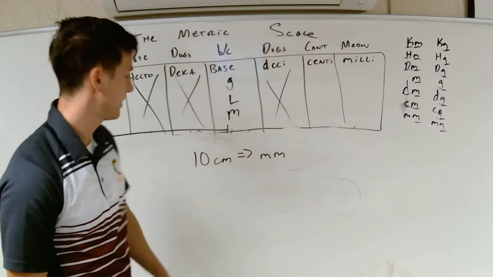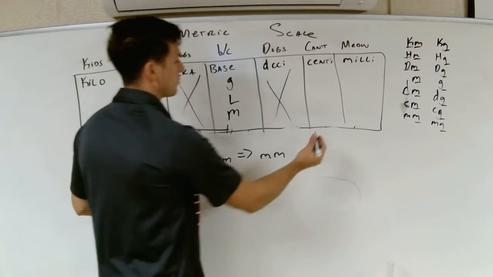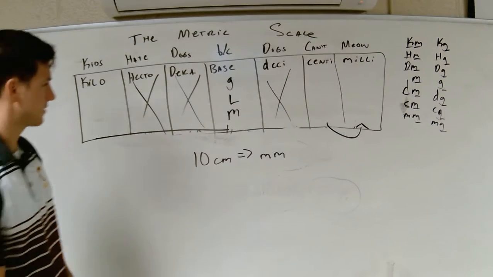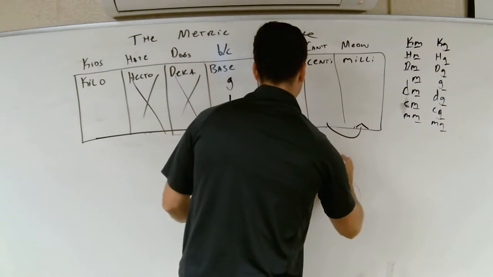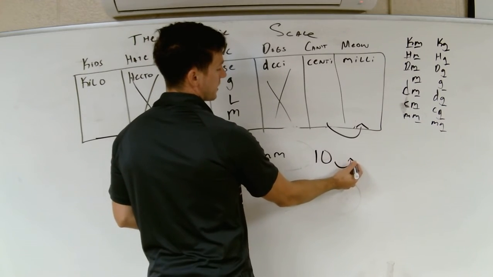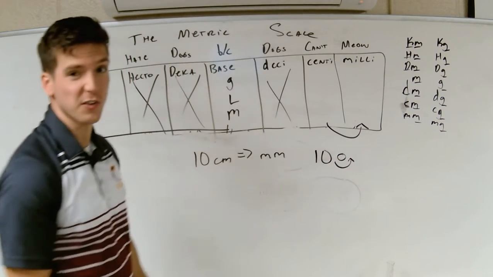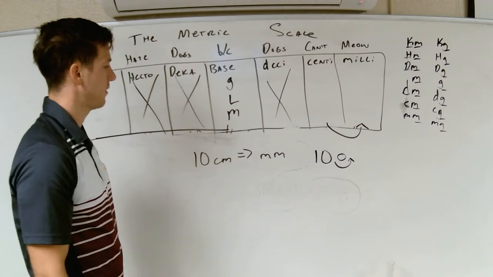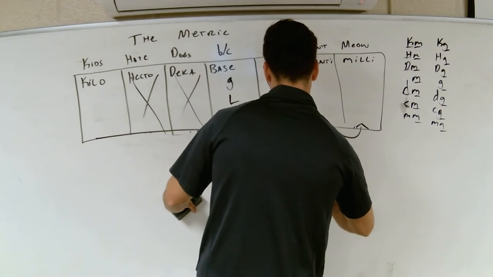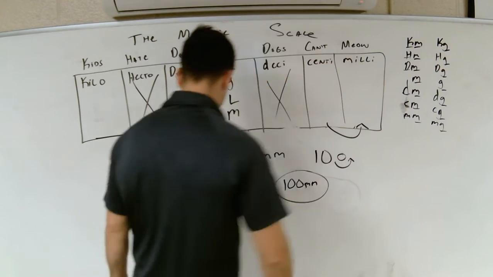We're going to millimeters, so all we're doing is one jump to the right. That's pretty easy. With 10 centimeters, our decimal is here. One jump to the right means we now have 100 millimeters. 100 millimeters in 10 centimeters.